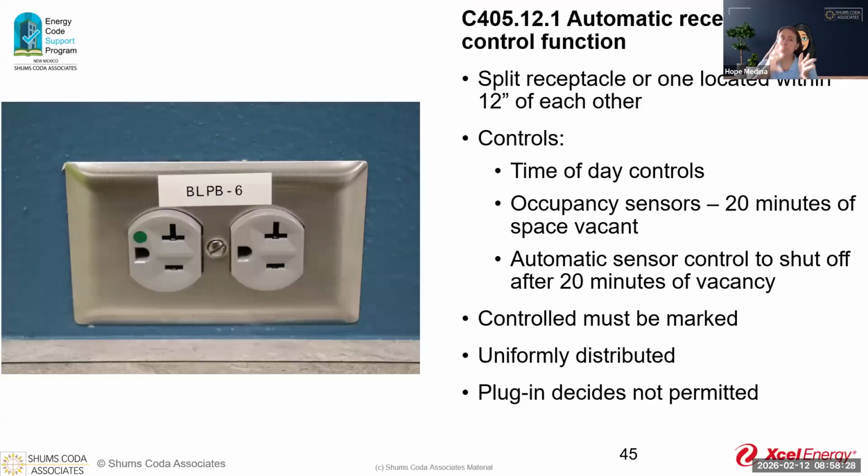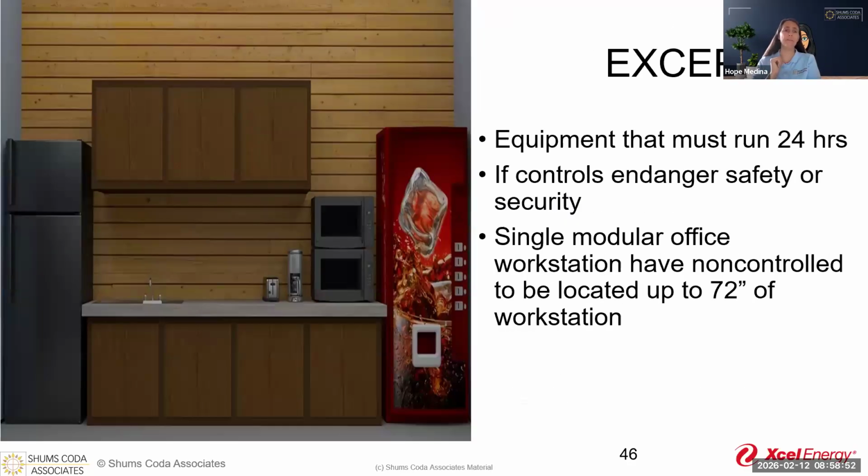You can either do a split receptacle or have one fully controlled receptacle and one non-controlled receptacle. You have to have it where 20 minutes after everybody has left, they shut off. You also have to ensure that they're marked, which isn't a big deal because the NEC also requires all of that to be in here.